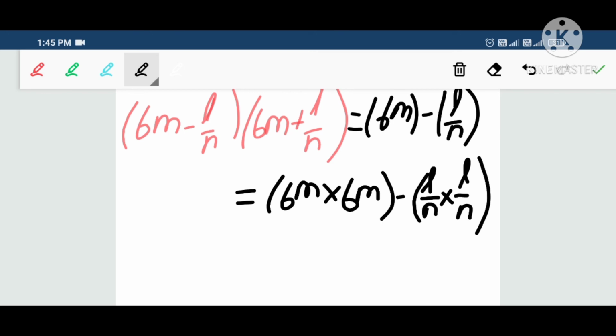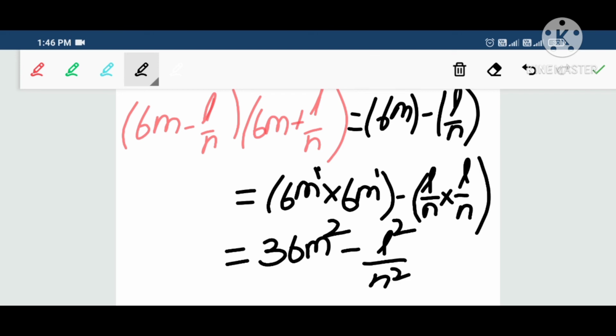So already you know how to multiply the monomial. 6 into 6 you get 36, m into m, you need to add the power in multiplication with the same base m. So m power 2. You multiply the numerator L into L, you get L power 2, and n into n you get n power 2. So you can write L by n the whole square.